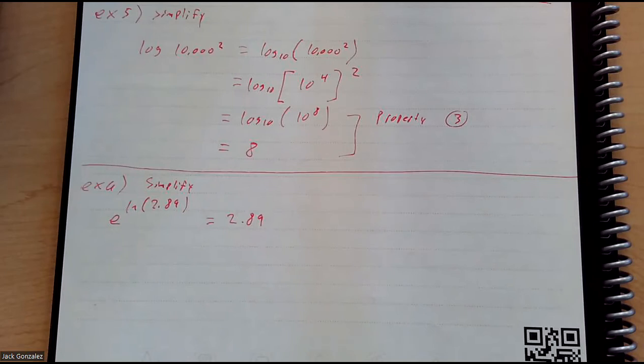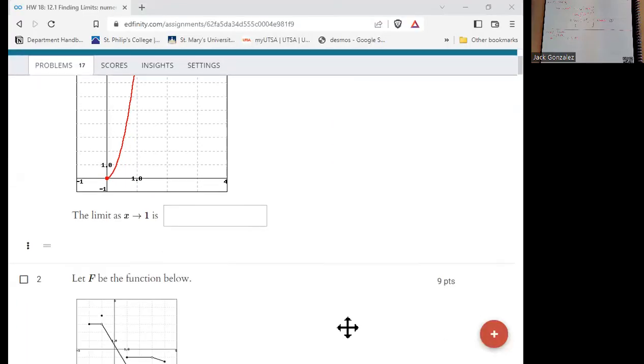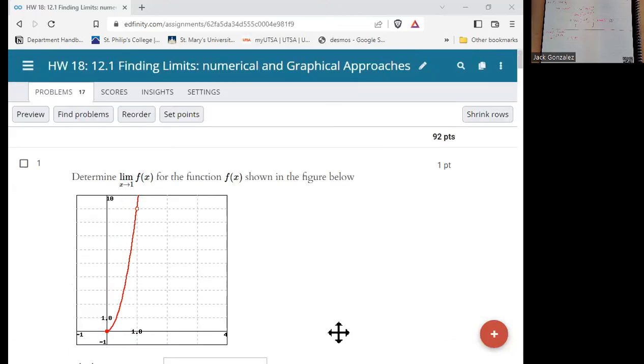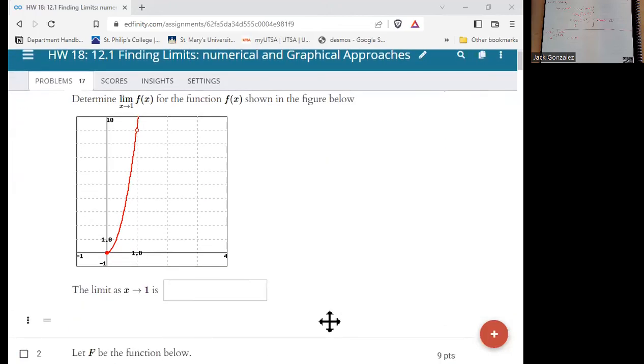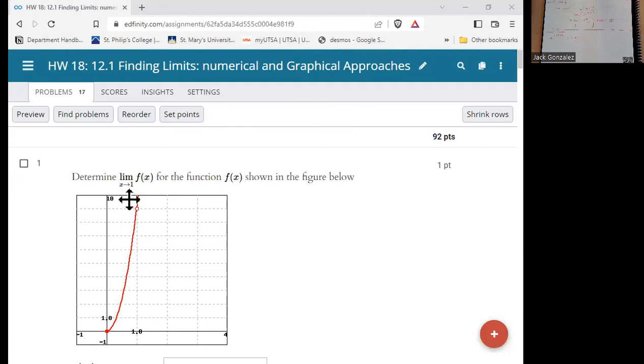It's very visual, so I think once you see it, most people will understand it. Let me share the screen so I can record this part. So, real quick, this red graph right here is some function f.